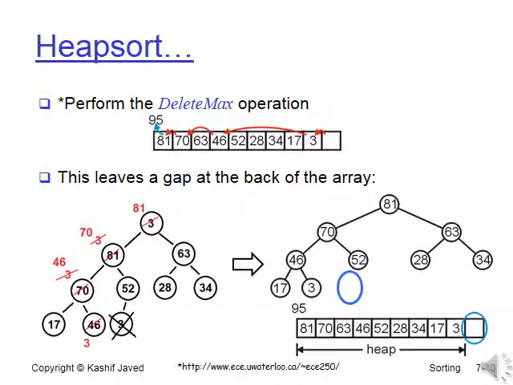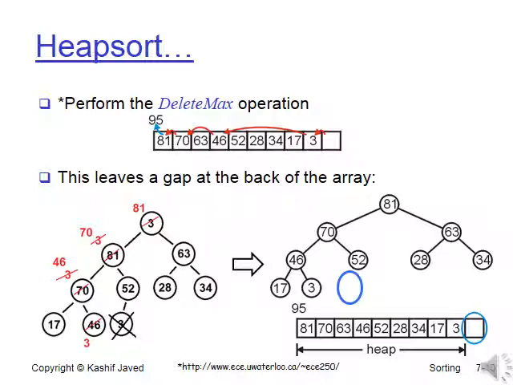Number 95 at the root node will be replaced by the last leaf node, which happens to be number 3. We delete leaf node number 3 and put the number 3 into the root node.